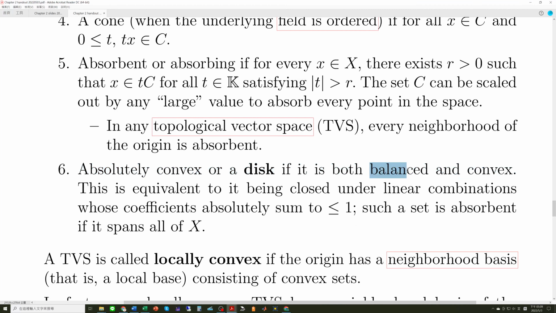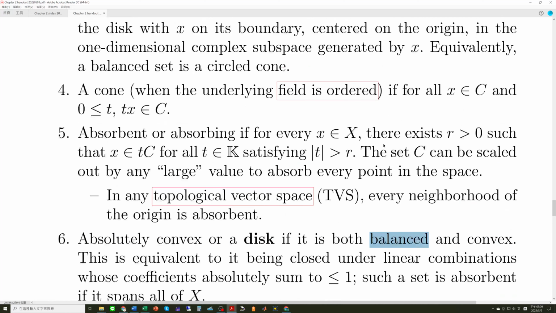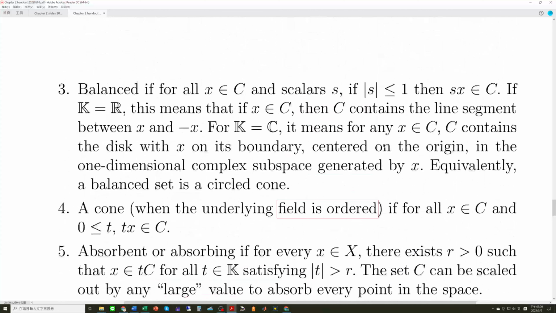Do you remember what is balanced? Let us go to point 3, balanced.